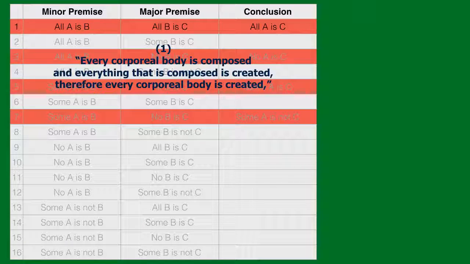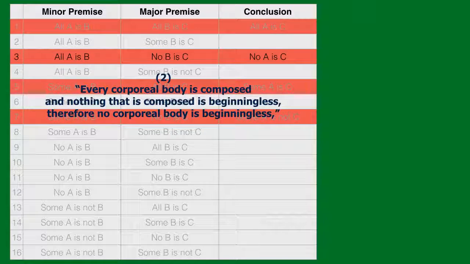Now he's going to take the same argument and change from created to talking about things being beginningless. Something is beginningless, qadim, when it is not created. So Allah subhanahu wa ta'ala is beginningless. He did not begin to exist, and the universe is all created, which means that its existence was preceded by non-existence.